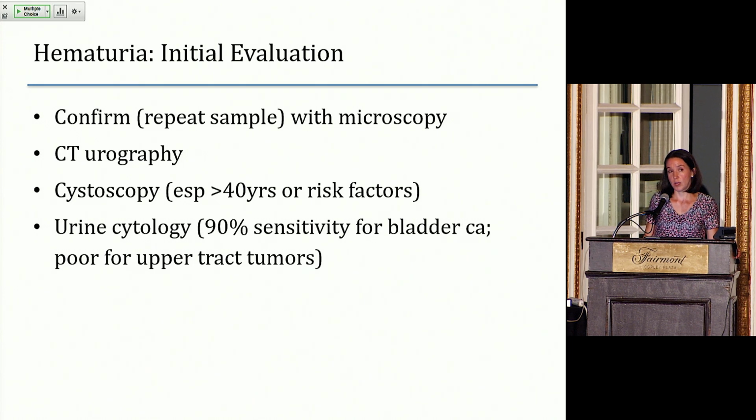Cystoscopy is recommended for anyone with persistent hematuria, particularly if they're over 40 or have risk factors for urothelial malignancy. And urine cytology is cheap and risk-free. It has a very good sensitivity for bladder cancer, but is not particularly good for upper tract tumors.